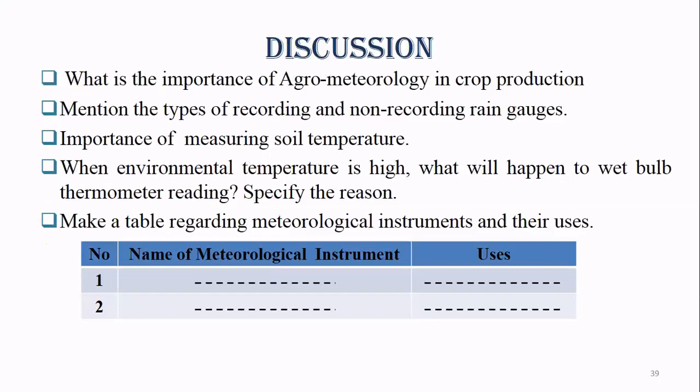You just write these new instruments and write the usage. Like there will be a weather balloon, windsock, cloud mirror, like that. If I teach that one, there will be huge notes. So you can just name the instruments and the usage in the discussion part. Okay, ma'am.